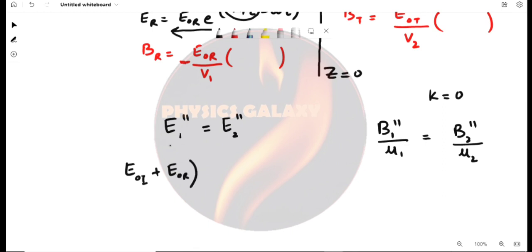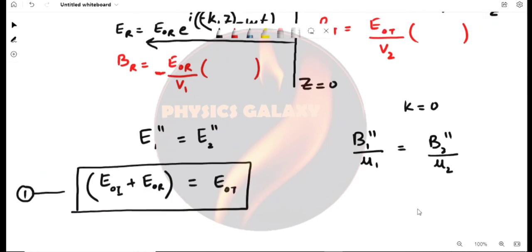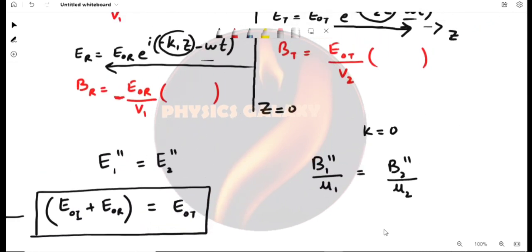This is the electric field in medium 1, and the electric field in medium 2 is single, that is E naught transmitted. This is our first equation, equation 1. What about the magnetic field? I'll write 1 by mu1.